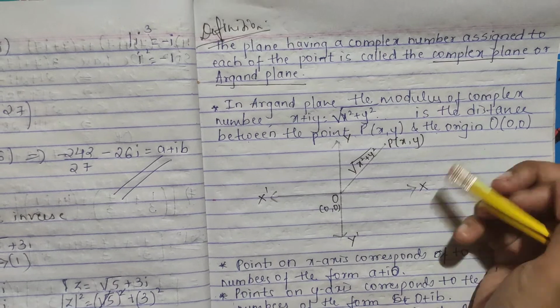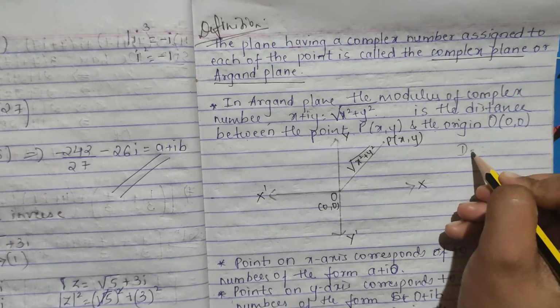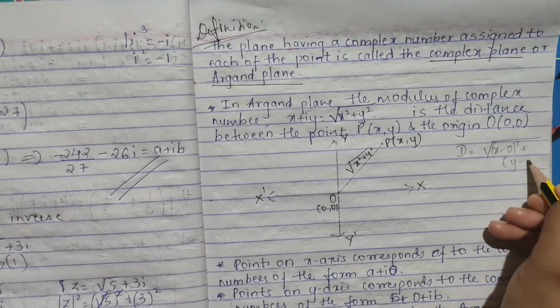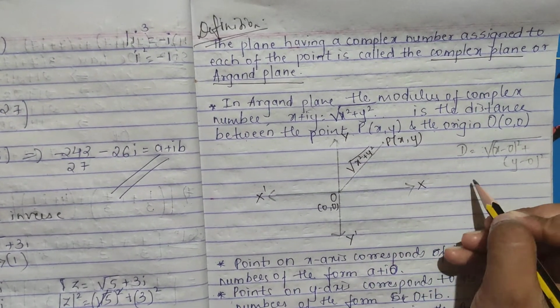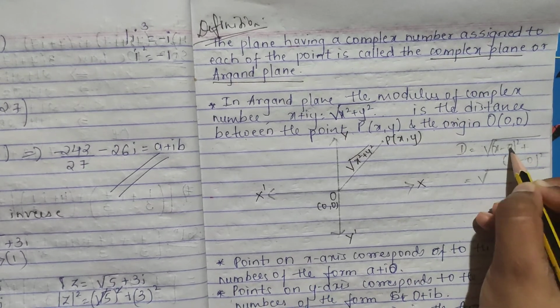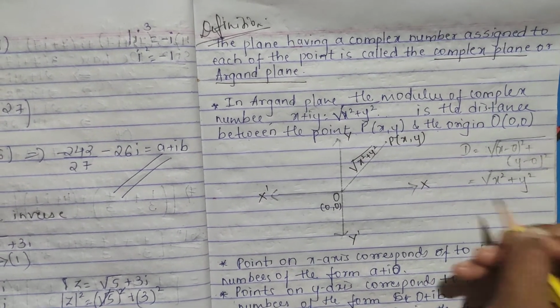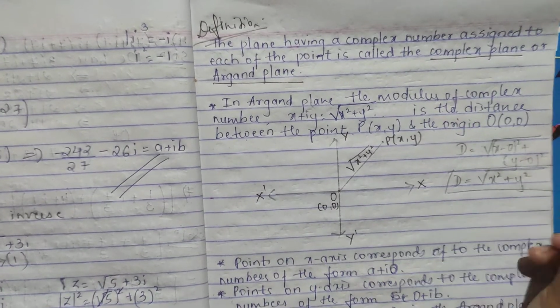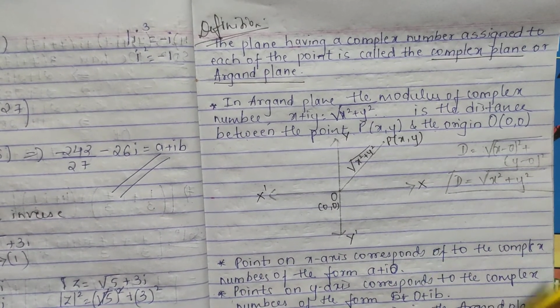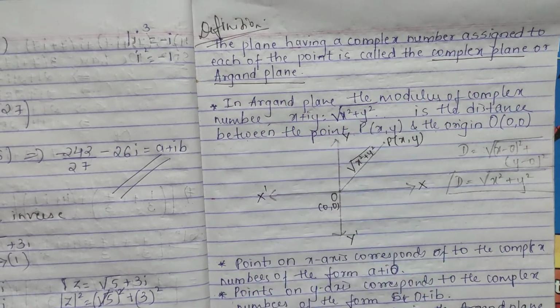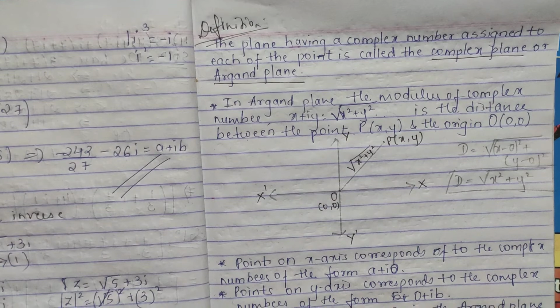Distance formula, as I have shown you, is d equal to root of (x minus 0) whole square plus (y minus 0) whole square. Here x minus 0 is x only, and y minus 0 is y only, so in short it is the distance between the point and the origin. So directly we write the modulus as root of x square plus y square.